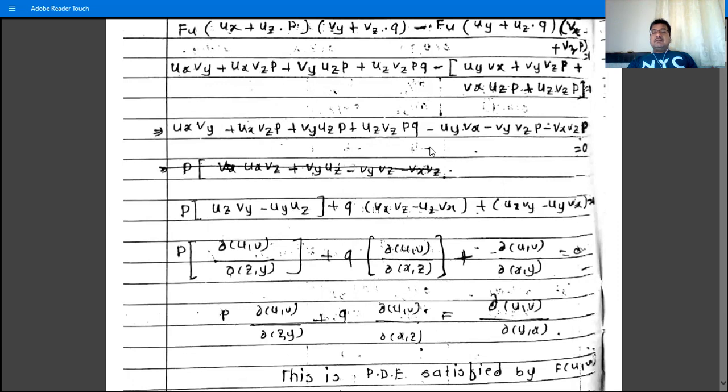This u_z v_z pq minus u_z v_z pq becomes 0, and for the remaining terms, the coefficient of p is u_x v_z minus u_z v_x, this is the coefficient of p.